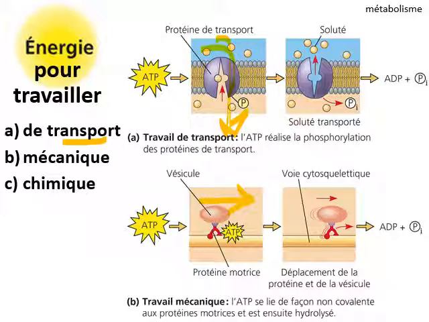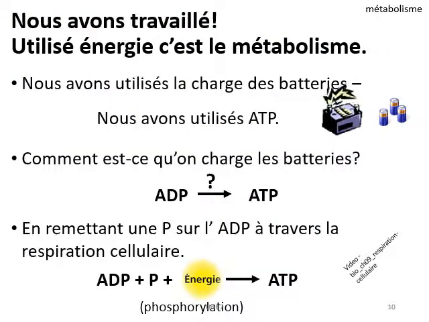These are just 2 examples. It is also used for chemical work. Using this energy means we can do work. Using energy is metabolism. And that results in using up our batteries. We will use up our ATP if we do a lot of work.